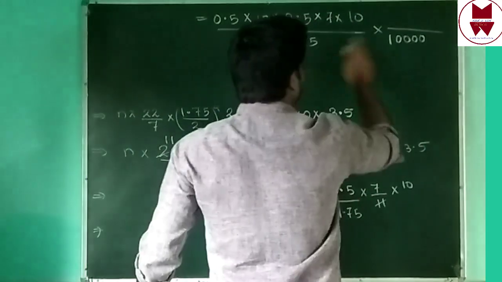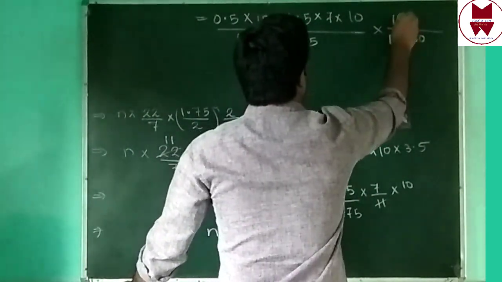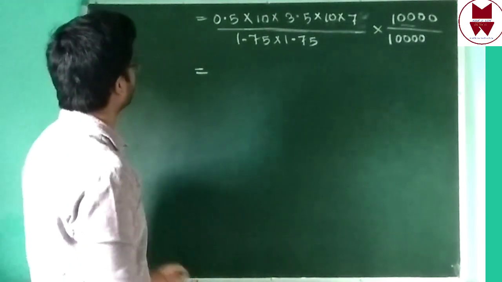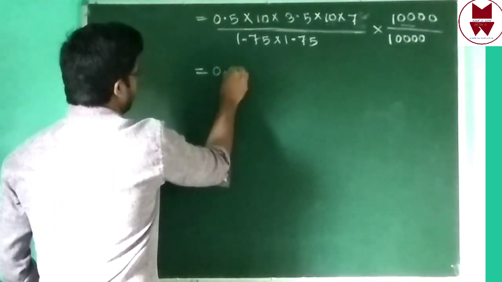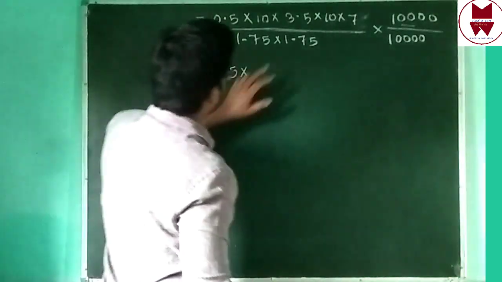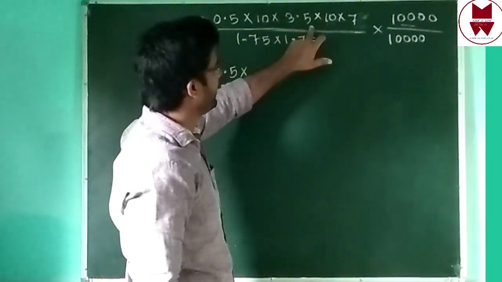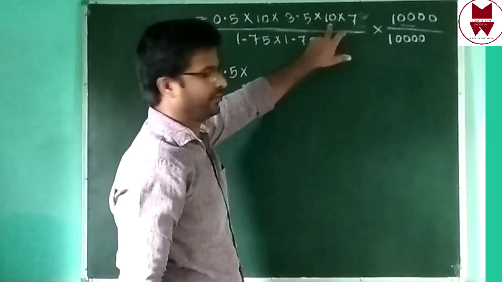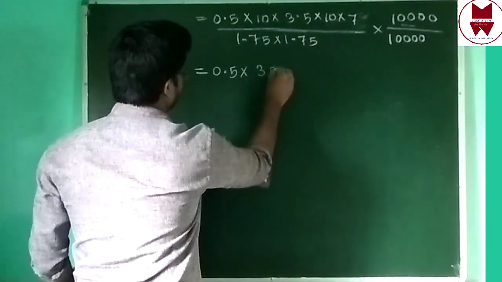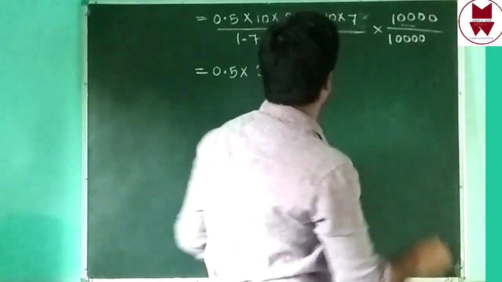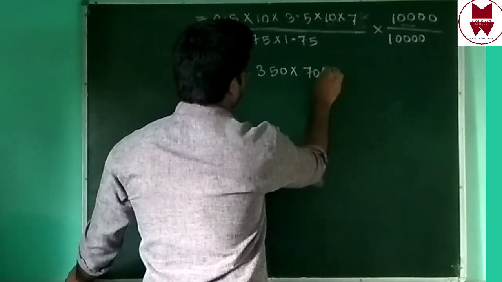If you multiply the denominator, the same number we have to use in the numerator also. Now 0.5 write as it is. Then multiply 10 into 3.5, you will get 35. 35 into 10, 350. 350 into 7 into 10,000, you will get 70,000.